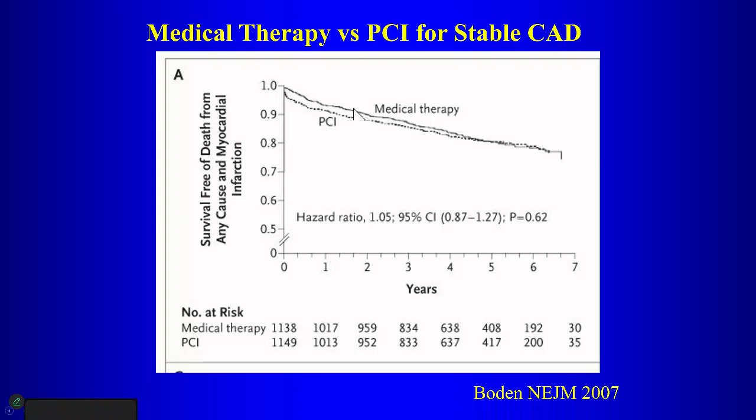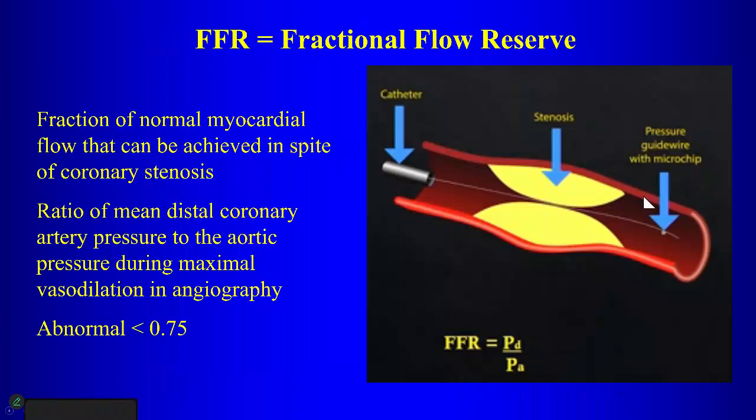It was known that in terms of long-term survival rates, the invasive procedures did not make a difference versus just medical therapy for those patients who had coronary artery stenosis. So this was back in 2007. Not all stenoses are the same. So how do we find those that are really important to treat?